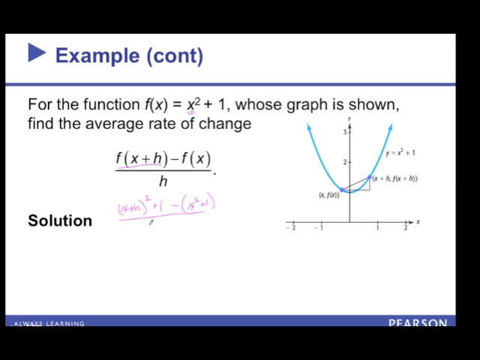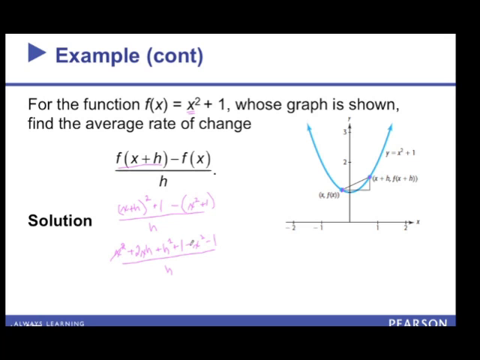all over h. And remember, when we square a binomial, it's x squared plus, we'd multiply x times h and x times h twice, so 2xh plus h squared plus 1. Removing these parentheses, we'll get minus x squared minus 1 all over h. Now, combining like terms, here's an x squared, here's a negative x squared.